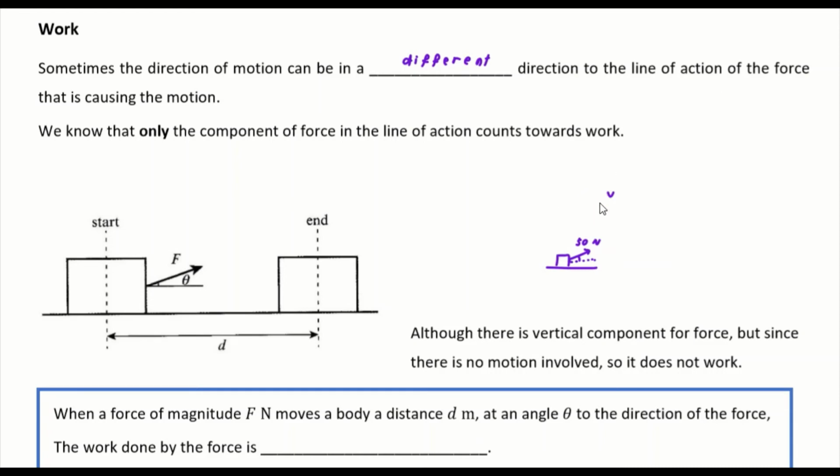Okay, so now let's try to derive a formula from there. What is the force that we have when we try to resolve it into the x component, in the horizontal direction? You will realize that the force that you apply is equal to F cos theta, right?